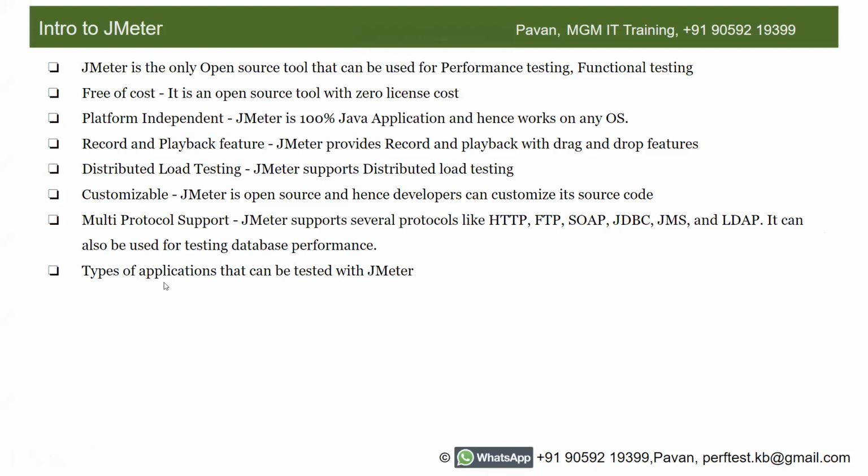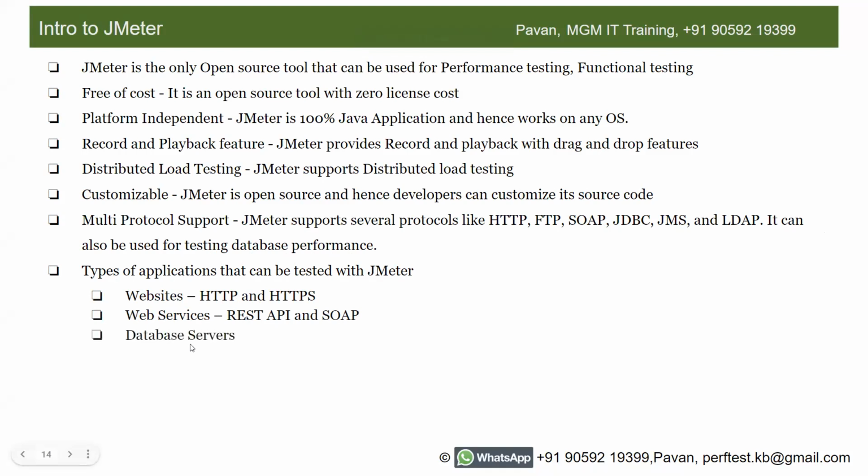And below are the types of applications that can be tested with JMeter. You can test any websites which follow HTTP and HTTPS protocols, and you can test any web services, both REST API and SOAP, and you can test database servers, FTP servers, and LDAP servers, because JMeter supports all these protocols, JDBC, JMS, LDAP.